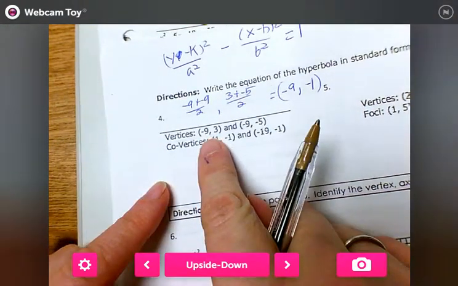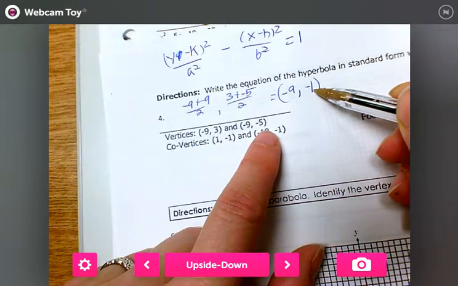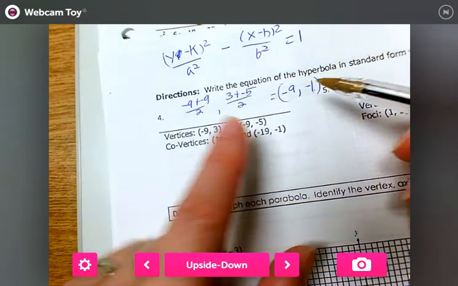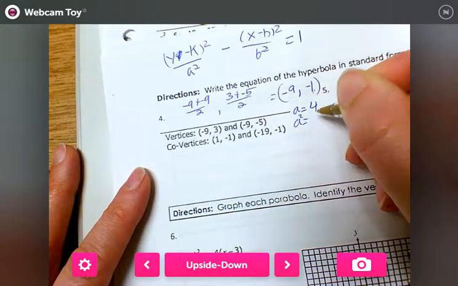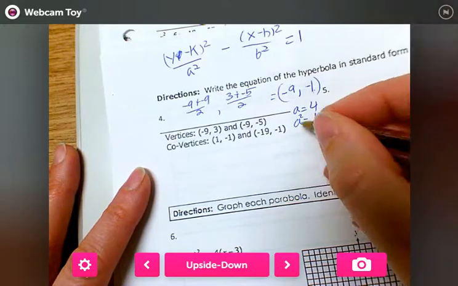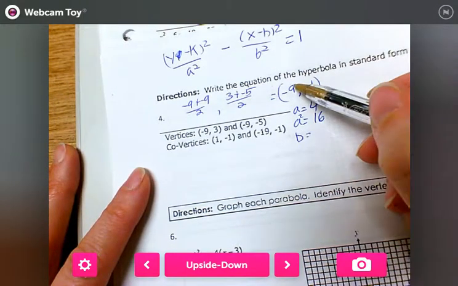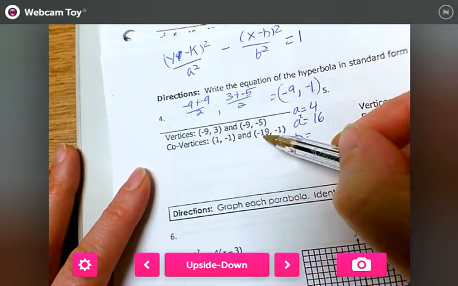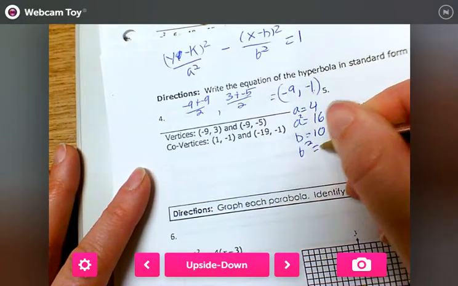Then the difference between -1 and -5 is 4, so a equals 4 and a squared equals 16. For b, from -9 to -19 is 10, so b is 10 and b squared has to equal 100.